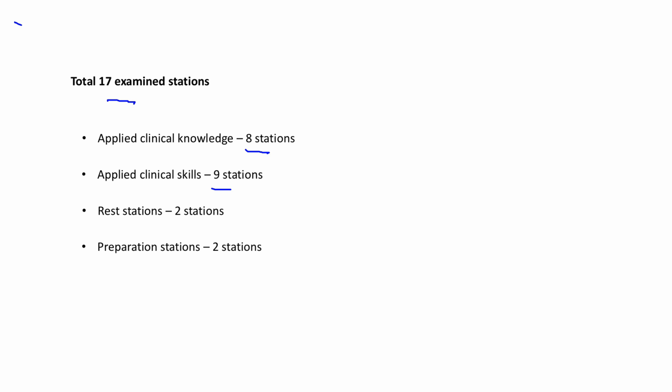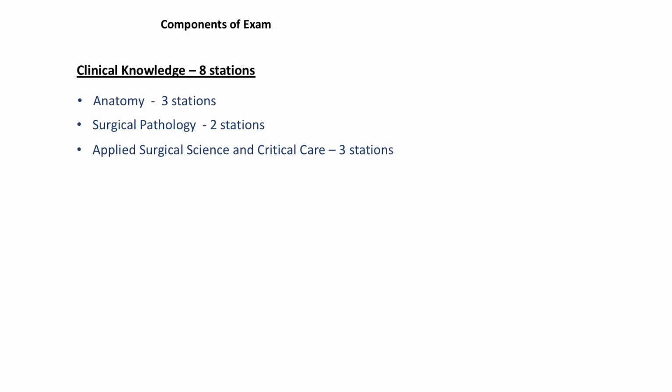And there are 2 rest stations, in which you just wait for 9 minutes and nothing is assessed. And there are 2 preparation stations, which we'll discuss later on. So this is a brief summary of what we have discussed so far.